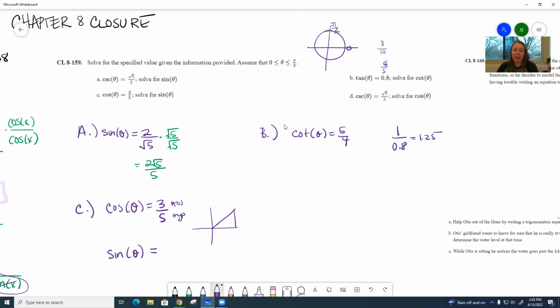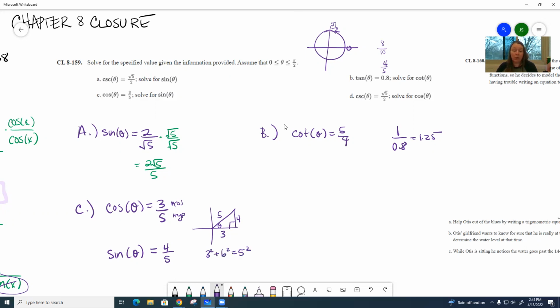So I could label my angle. Here's my adjacent. Here's my hypotenuse. There's a Pythagorean triple, 3, 4, 5, where if I know one side is 3 and the hypotenuse is 5, this has to be 4. So the sine would be opposite over hypotenuse, which is 4/5. The other thing you can always do is just use the Pythagorean theorem and get the 4 that way.